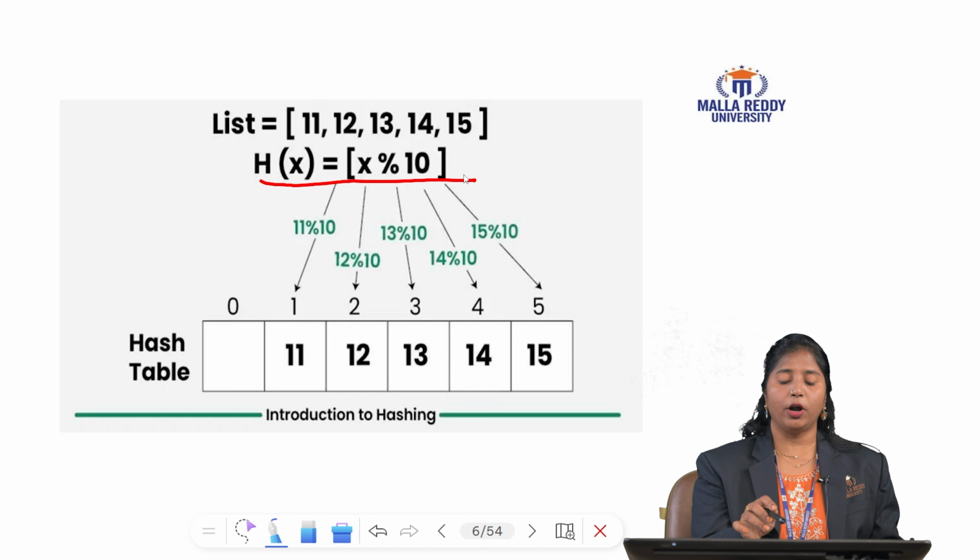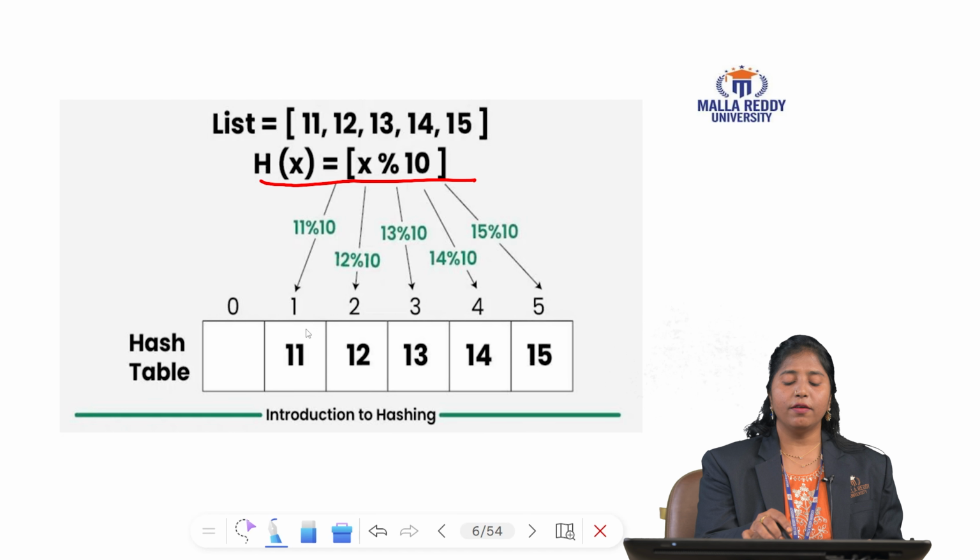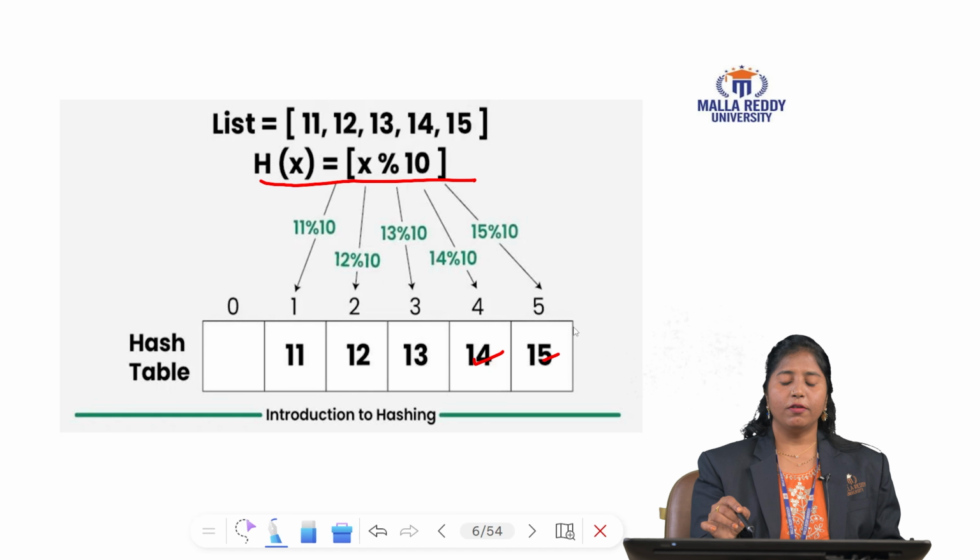The formula is h(x) = x mod 10. If we calculate 11 mod 10, we get the remainder 1, so in the 1st place we store 11. Like that, 12 mod 10, 2nd place; 13 mod 10, 3rd place; 14 mod 10, 4th place; and 15 mod 10, 5th place. So this is an example diagram of a hash table.